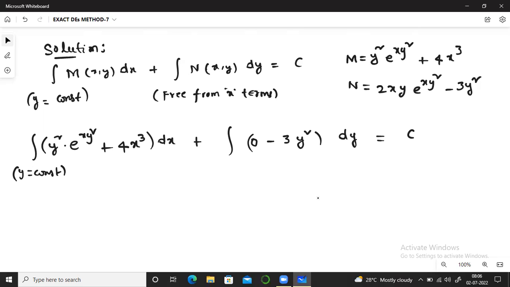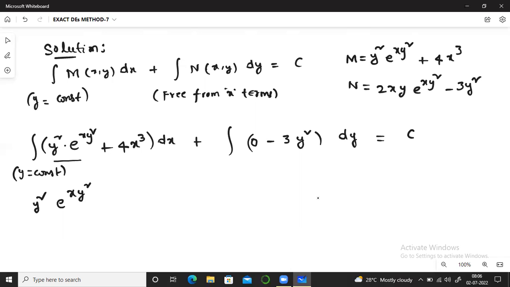It means like 10, 20. So if y is constant, y square is also constant. So if you operate integration on this term, y square you have to bring outside as a constant. So integration of e power something only, e power xy square only. Anyhow, y square is constant here.